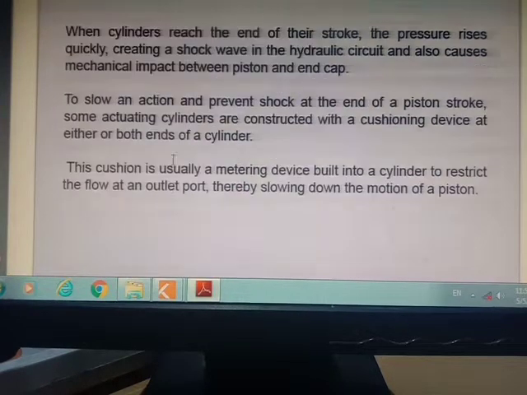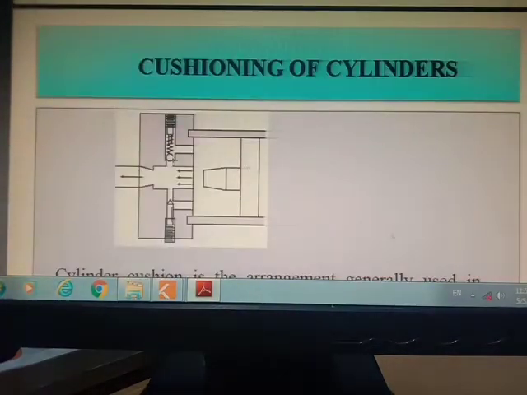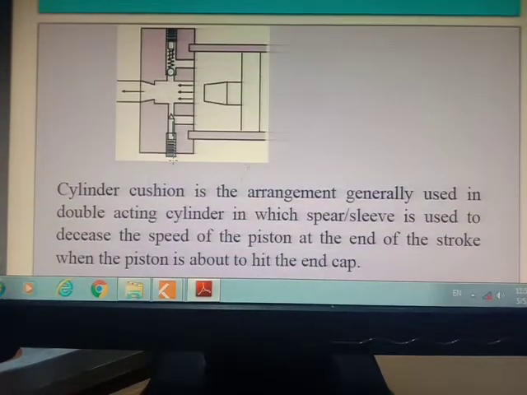How it works, I will show you now. You can see here one end of the hydraulic cylinder is shown. Here will be the other end. So what arrangement is done at this end?